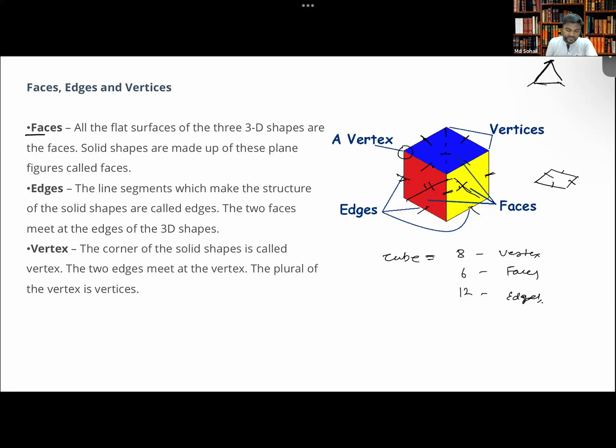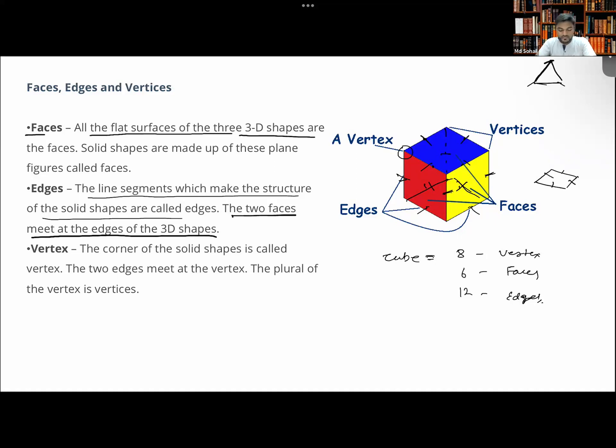Faces are basically the flat surfaces of 3D shapes, or we can also say that faces are basically 2D shapes. Edges are the line segments which make the structure of the solid shapes. And two faces meet at the edges of the 3D shapes. What does it mean?